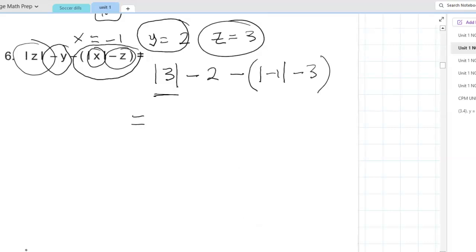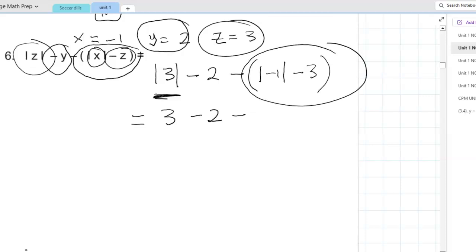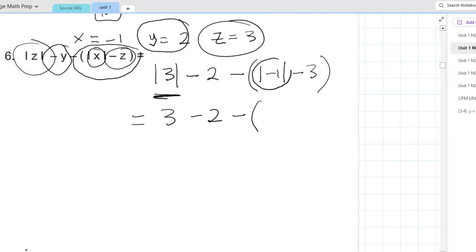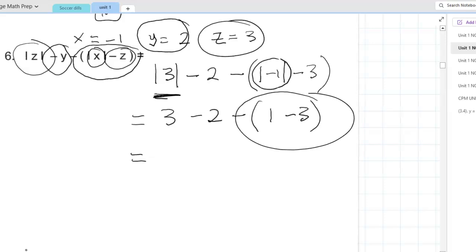At this point, we can go in and simplify everything. You should know that absolute value of 3 is just 3, minus 2, minus, now before we do anything here, let's figure out what is going on here. So inside this parenthesis we have the absolute value of -1, which is 1, minus 3. Okay, again we have to start over here because PEMDAS tells us to work on the parentheses.